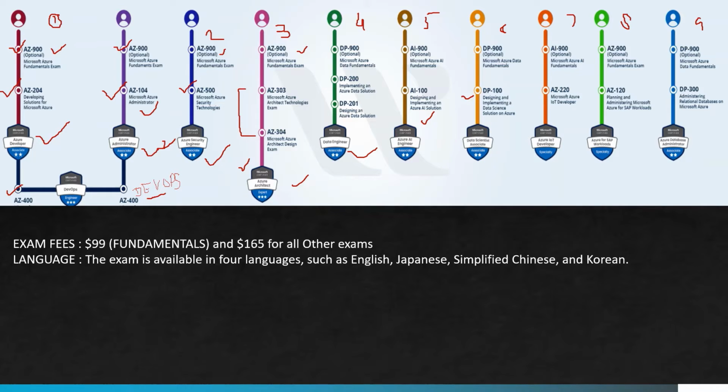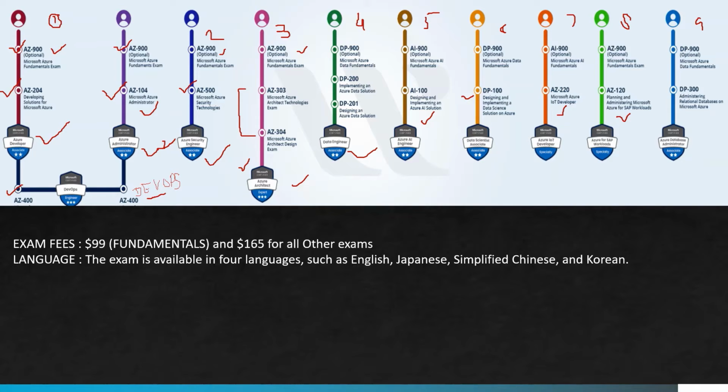Similarly, if you are into the building automation area where many hardware devices are there, then you can choose the AZ220 certification, that is the Azure IoT developer certification. Okay, so the next is AZ120, wherein you want to implement Azure for SAP workload.